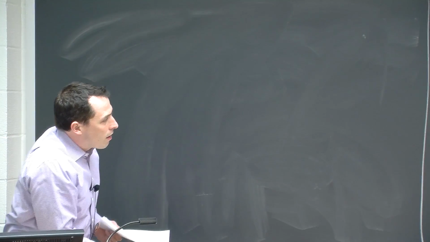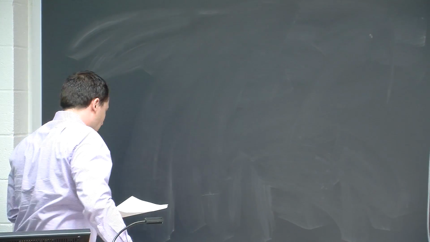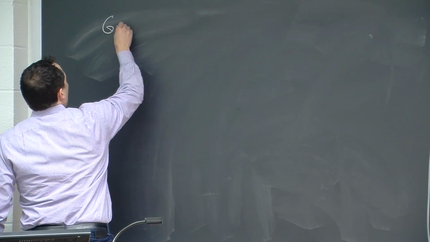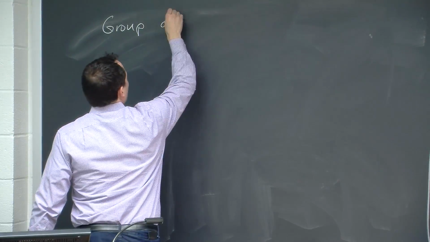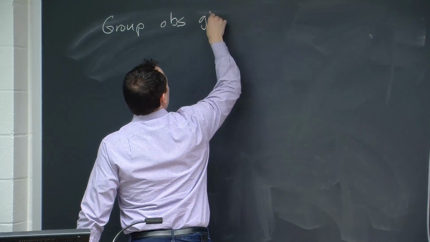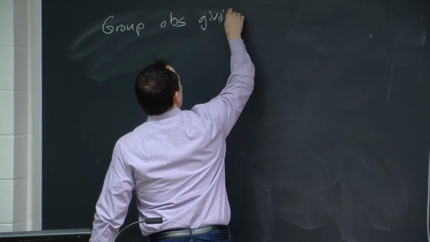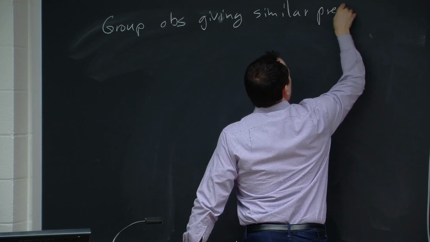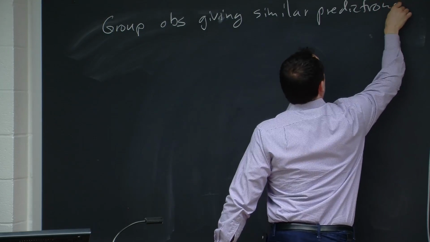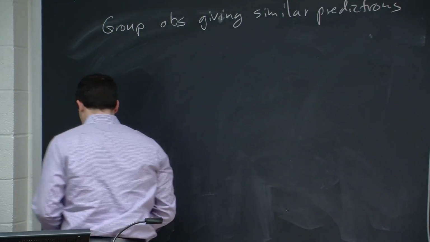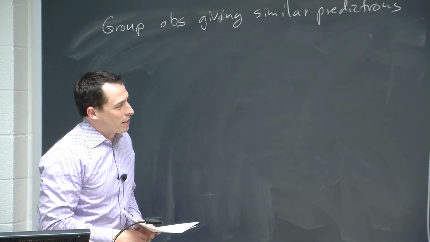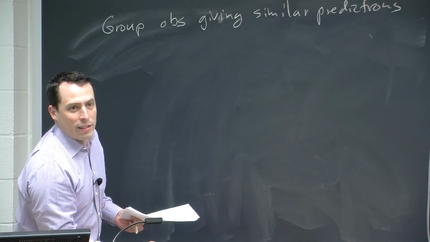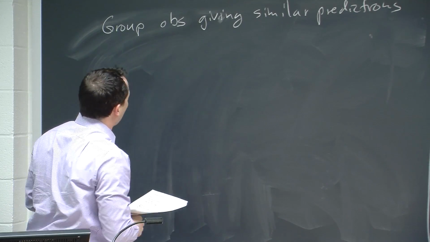Okay, so the idea of the Hosmer-Lemeshow statistic, I think I mentioned this before, is to group observations that give similar predictions, and therefore essentially compress the table until I have a number of cells such that the chi-squared approximation works okay.